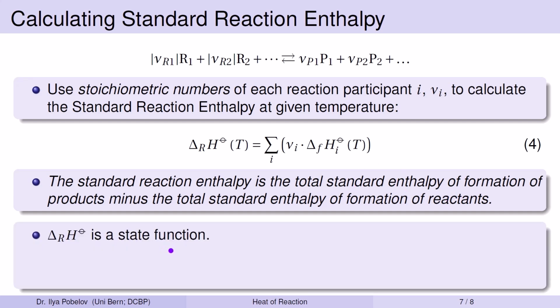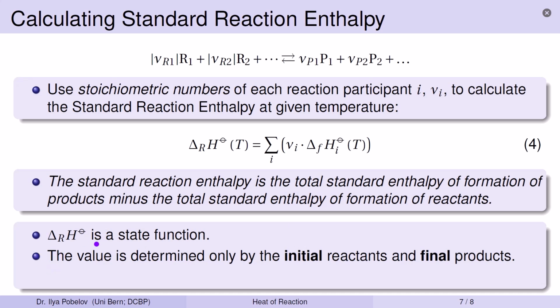This calculation method is valid because standard reaction enthalpy is a state function. The value of the standard reaction enthalpy for a particular reaction solely depends on the initial reactants and the final products.